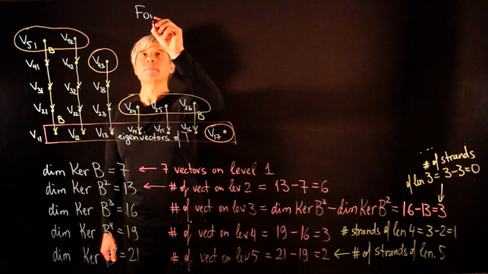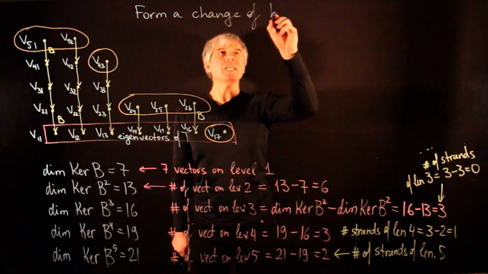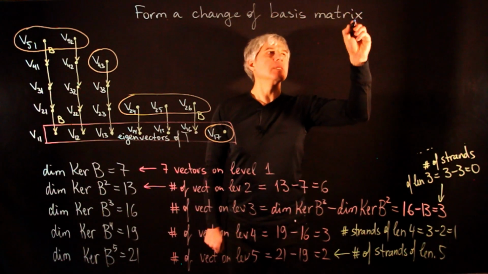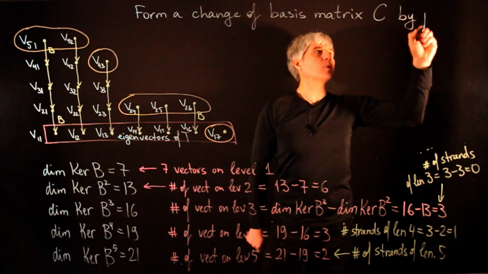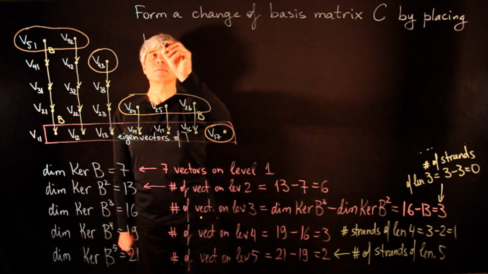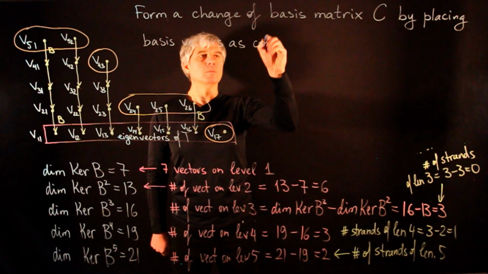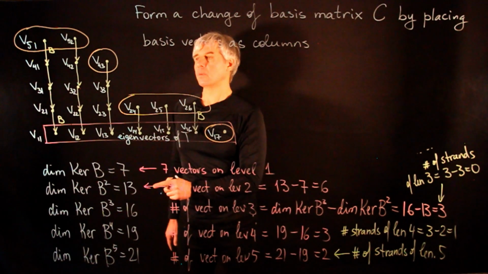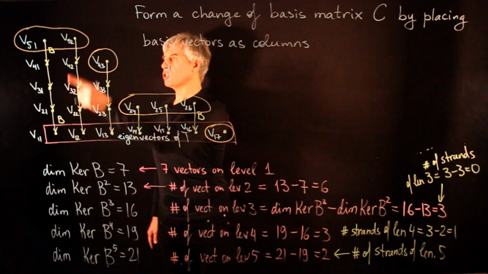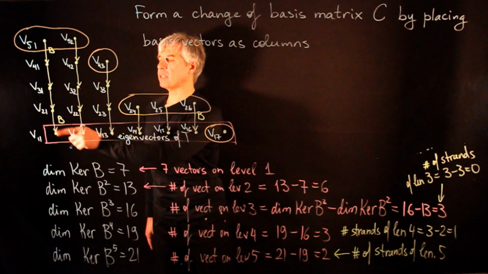So we form a change of basis matrix C by placing basis vectors as columns. We need to put these basis vectors in the proper order, and in each strand we should start with the basis vector, which is a vector at the bottom.